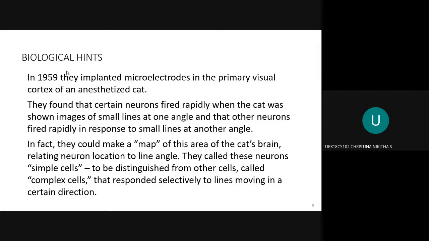They found that the neurons fired rapidly when images like small lines at one angle were shown, and when lines at another angle were shown, another set of neurons fired. Based on these neurons which fired, they were able to create a map of the cat's brain. They separated the neurons into two types, simple cells and complex cells, and they distinguished them based on the neurons that detected the lines at various angles.